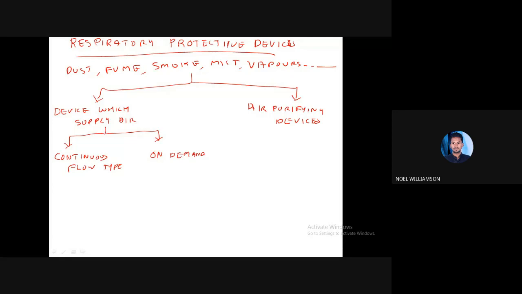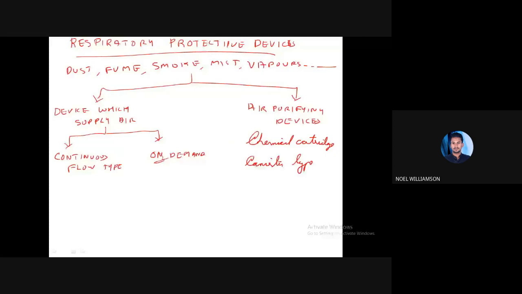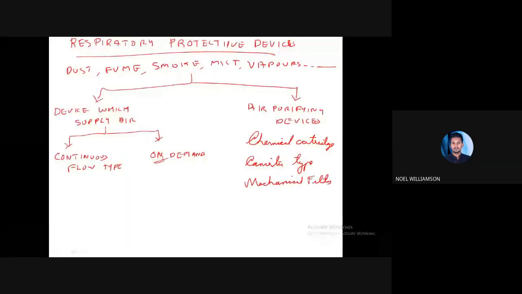And next are the air purifying devices. Mainly the types are the chemical cartridge type, canister type, and mechanical filter type.